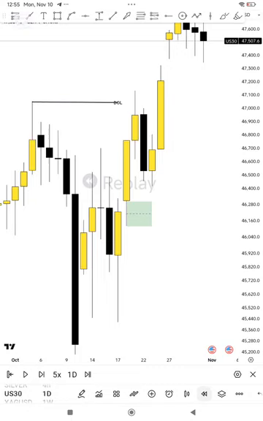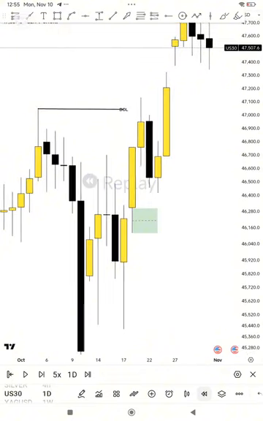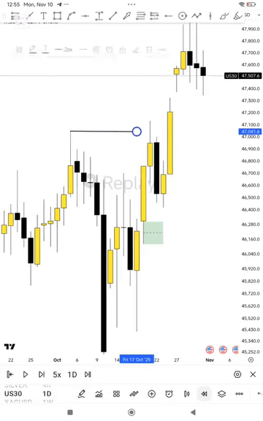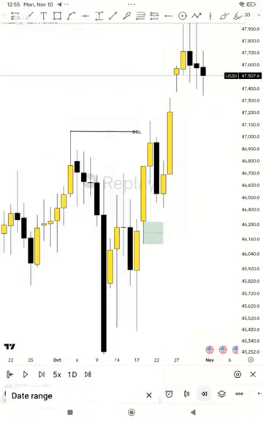This retracement is actually for taking internal liquidity, and once it takes internal liquidity, then we have to mark the opposite external liquidity, which is here. Alright, let's check this example in H4 for better understanding.